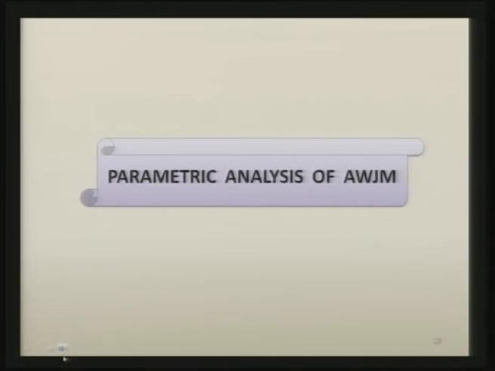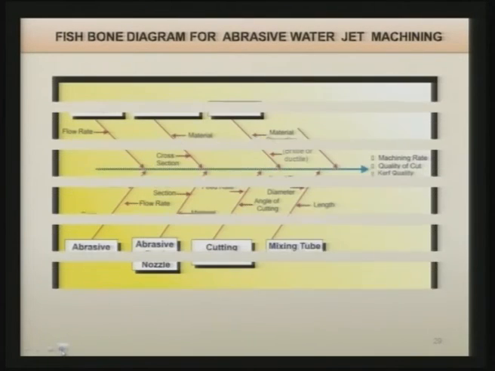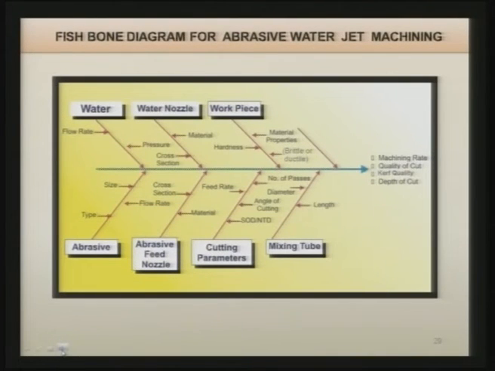Let us have some parametric analysis of the abrasive water jet machining process. Before we discuss it, let us first see what are the various parameters involved in abrasive water jet cutting process. Now, first of all, water is there, the pressure of the water and the flow rate of the water, both are the parameters for this particular process.